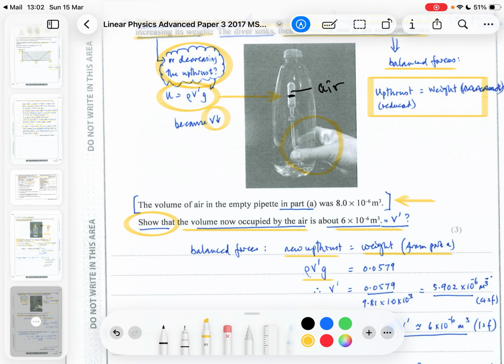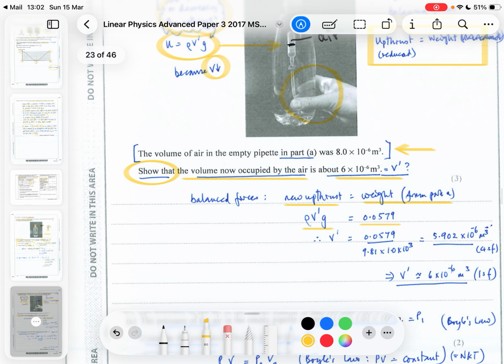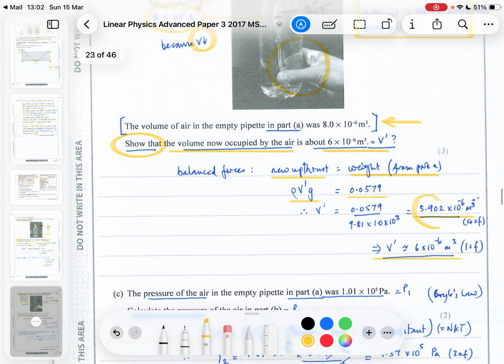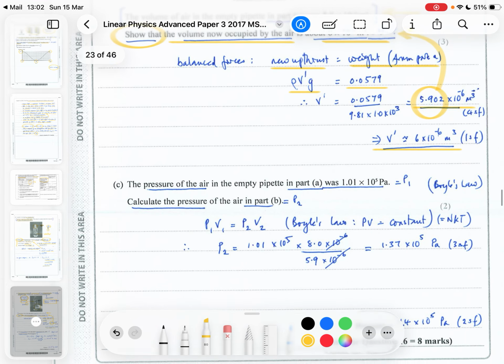And G hasn't changed, and the weight from before hasn't changed. So I think this is the best way of doing it. So when you do that, you'll see the volume is 5.92 times 10 to the minus 6, which to 1 significant figure is what they want us to show. Okay, so always give more significant figures to show that you know that you've got to then round it to the correct number of significant figures for the final answer.